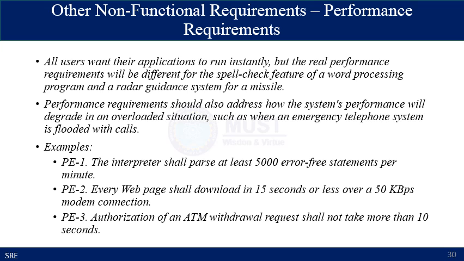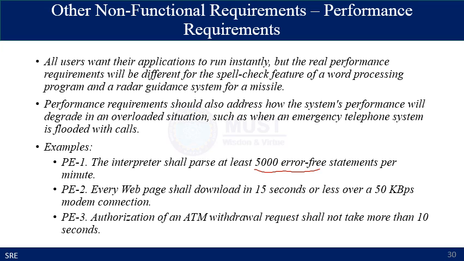Performance requirements should also address how the system's performance will degrade in an overloaded situation, such as when an emergency telephone system is flooded with calls. As an example, a performance requirement states that the interpreter shall parse at least 5,000 error-free statements per minute.